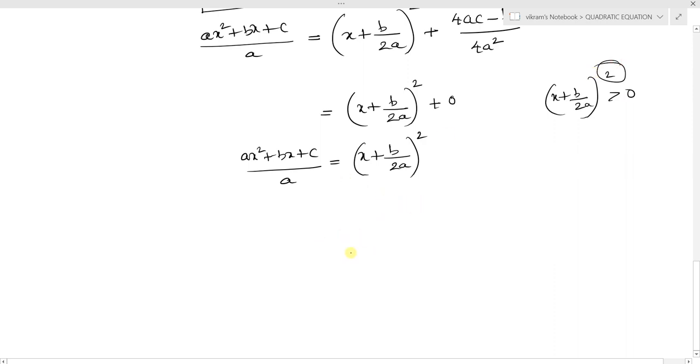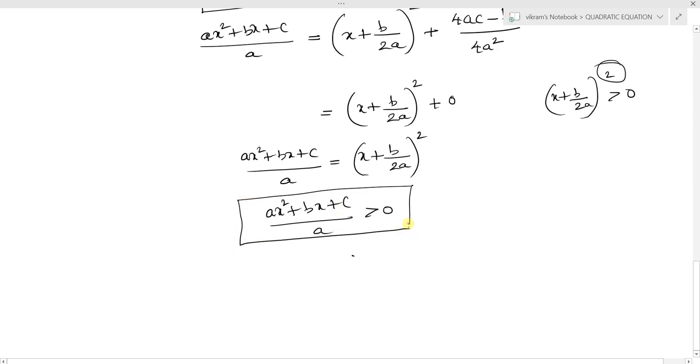Then we can write ax square plus bx plus c by a is greater than 0. That means, now I am writing the statement, if the roots are equal.